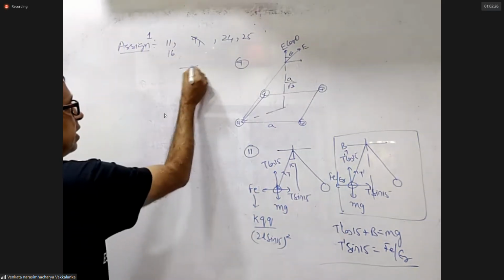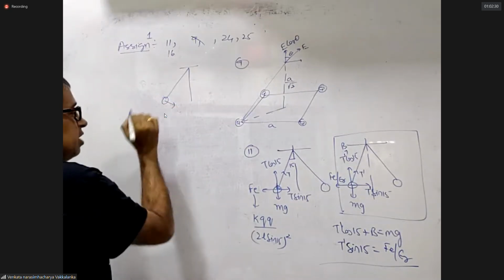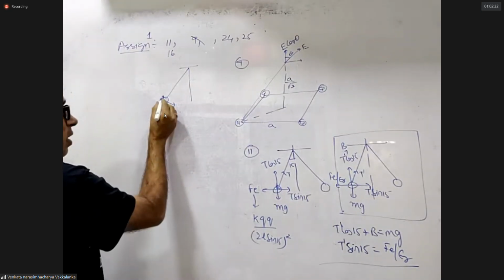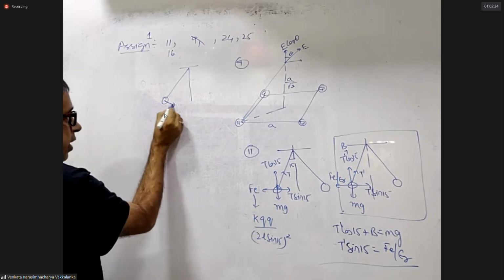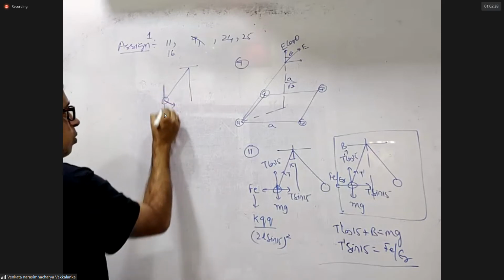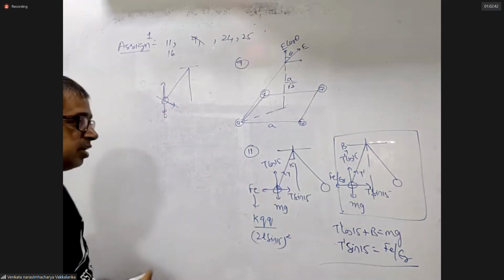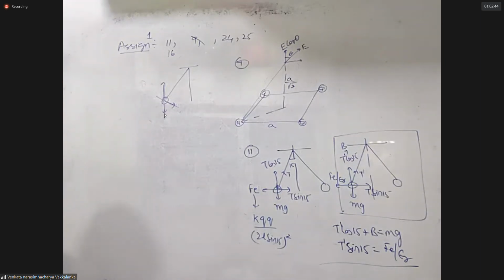If you have a tangential component in this direction, you released it from here and it's not in equilibrium. Velocity is 0, so it has tangential acceleration. So there I cannot equate T cos theta equal to mg because the components in this direction are unbalanced. Yes. Okay. Thank you.